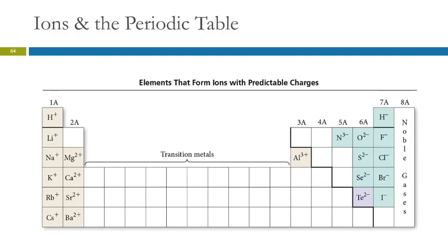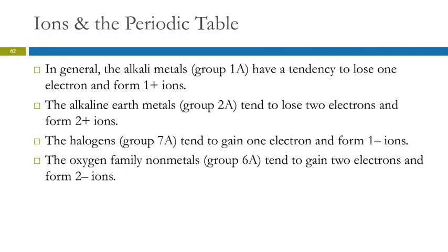So let's go back to those slides I skipped. So the alkali metals, group 1A, tend to lose 1 electron, form +1 ions. Group 1 metals form +1. The alkaline earths, group 2, tend to lose 2 electrons, form +2 ions. Group 2, 2+ ions. The halogens in group 7 tend to gain 1 electron and form -1 ions.